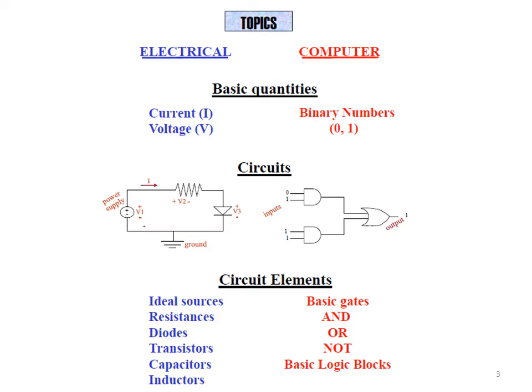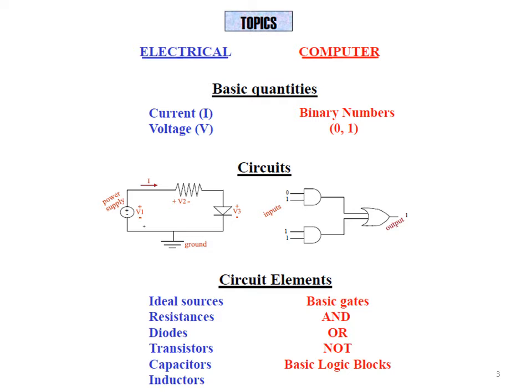About electrical engineering, we have current and voltage. We also learn about equivalent resistances, diodes, and transistors. And for computer engineering, because the computer operates on a binary system, first we will learn about what the binary system is.